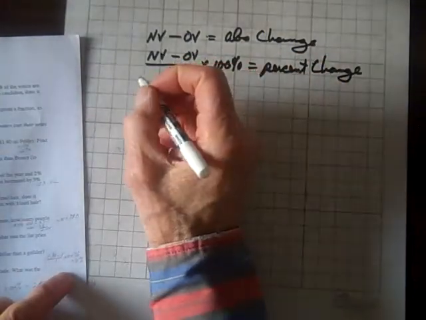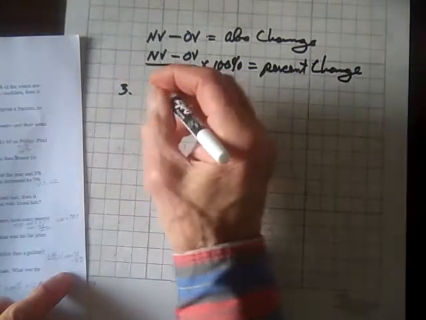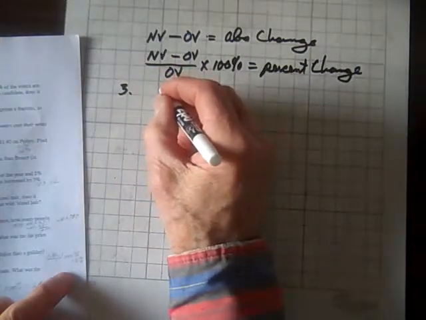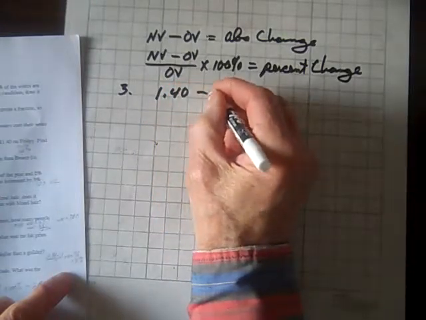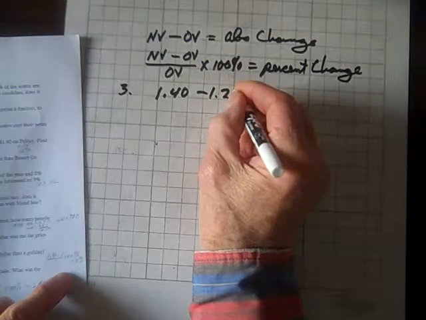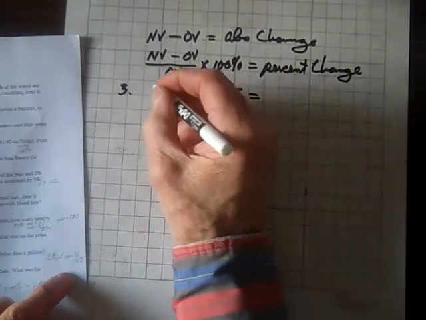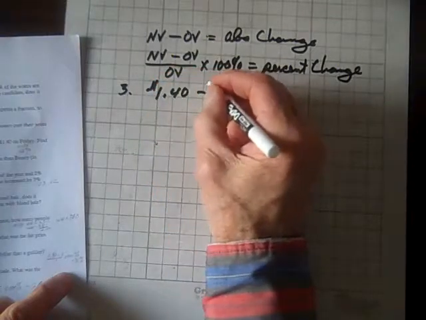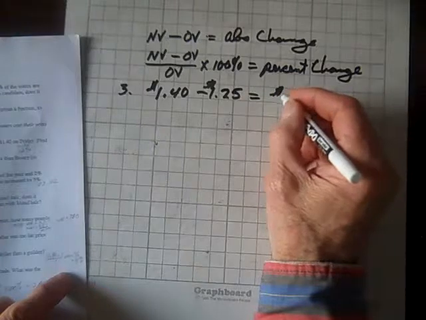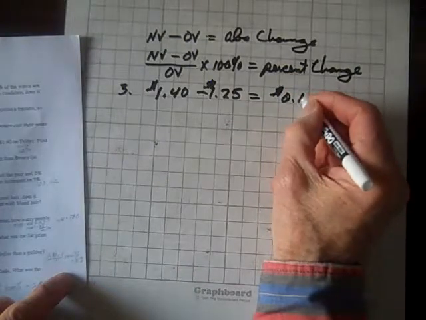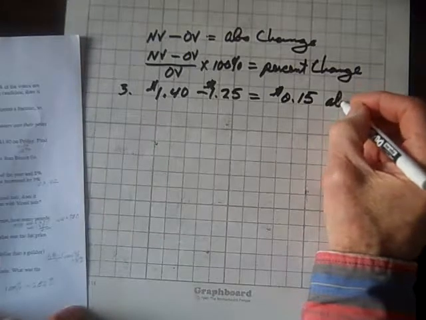So anyhow, this is number three, the absolute change in the price of gasoline. So $1.40 minus $1.25, and that difference will be the absolute change, and that's just a 15-cent change. So this is the absolute change.